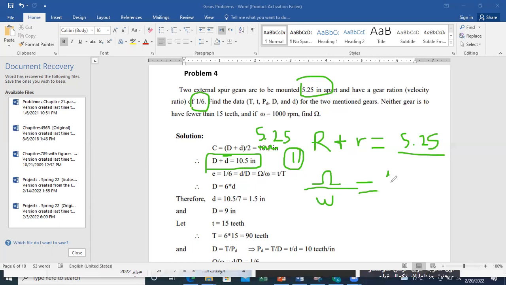And we know that the ratio of angular velocities is inversely proportional to the ratio of diameters, and the radii and numbers of teeth.